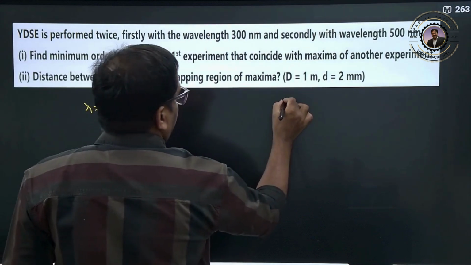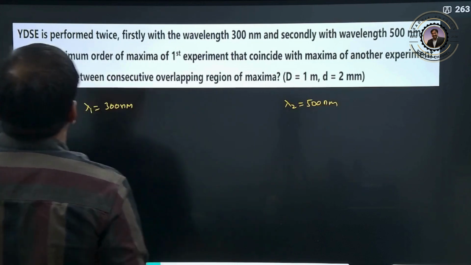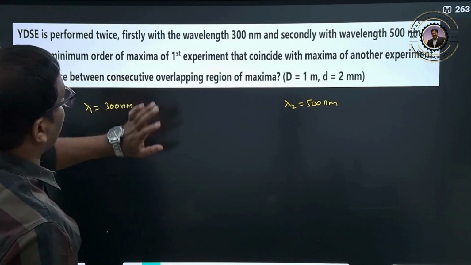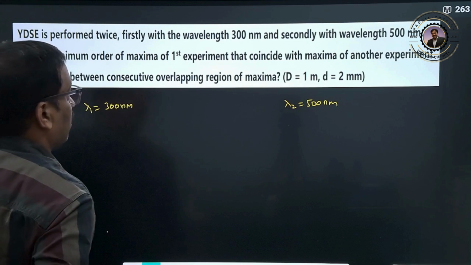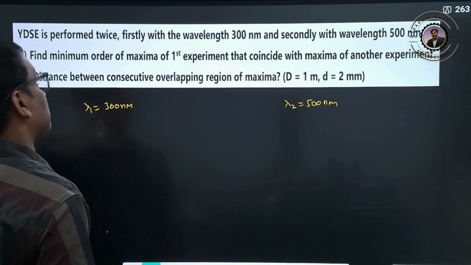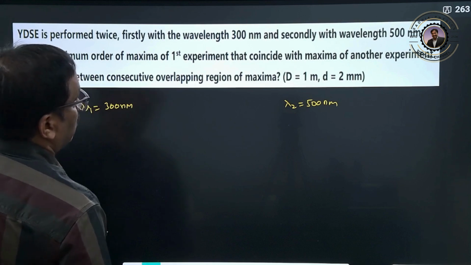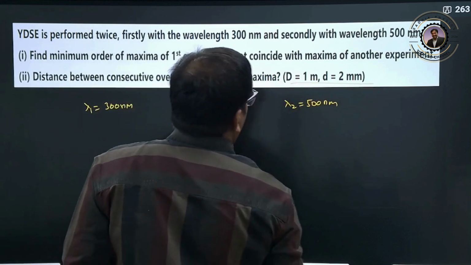Secondly with a wavelength of 500 nanometer. Clear? So find the minimum order of maximum of the first experiment that coincides with a maximum of the other one. The d and these values are all given.